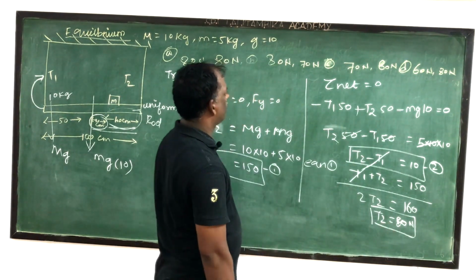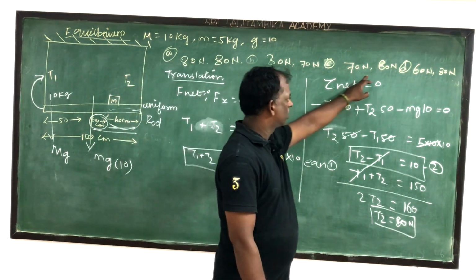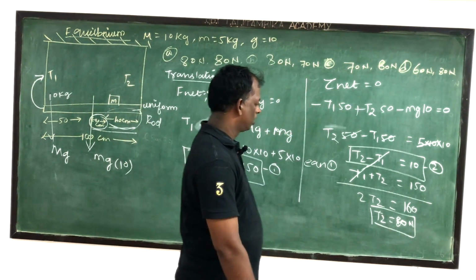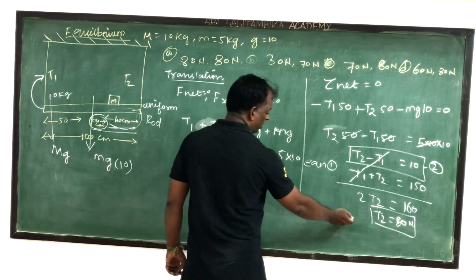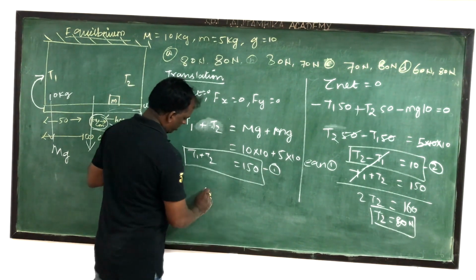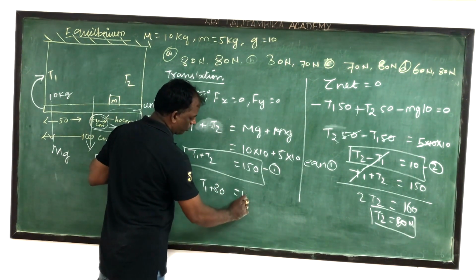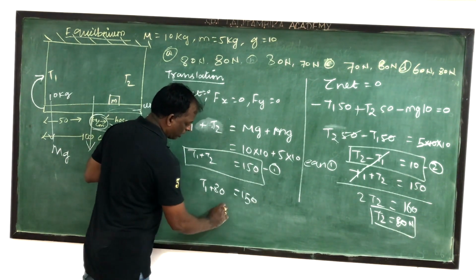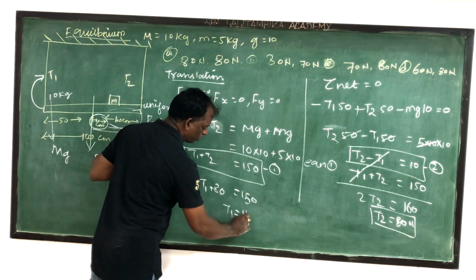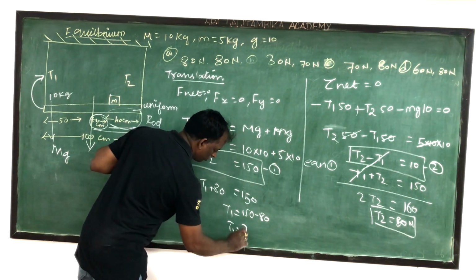So where all does 80 come for T2? Options A, C and D. Now we can substitute this T2 in the T1 value. T1 plus 80 is equal to 150, or T1 is equal to 150 minus 80. T1 is equal to 70.